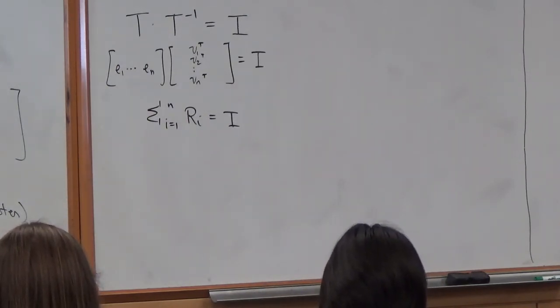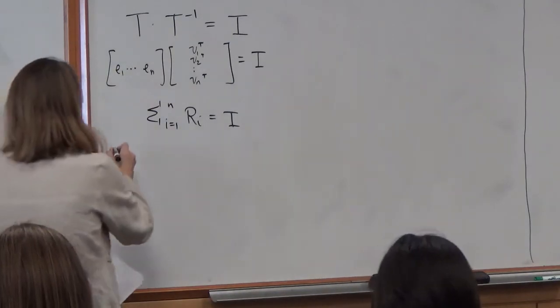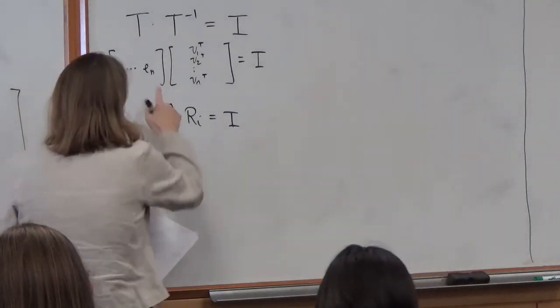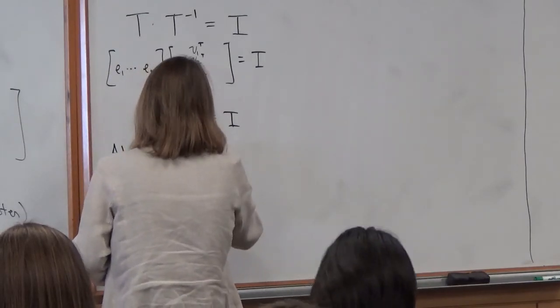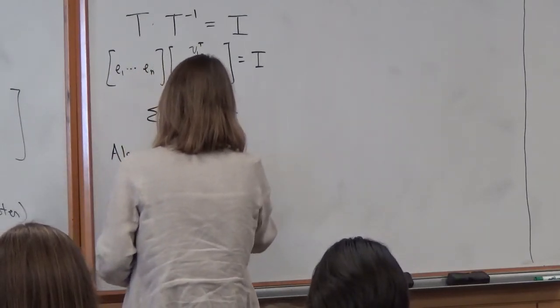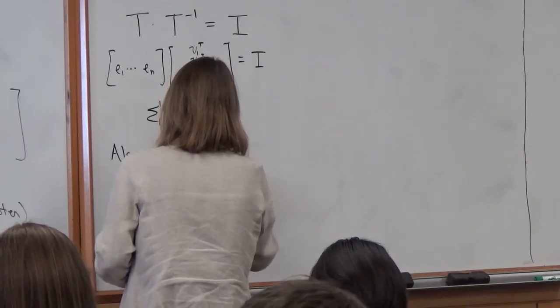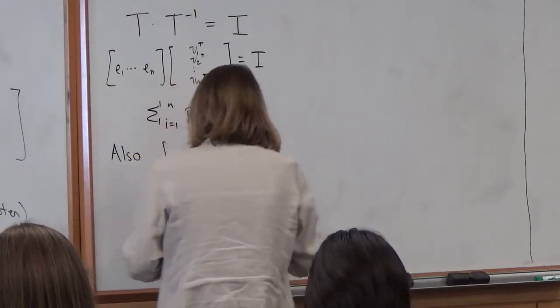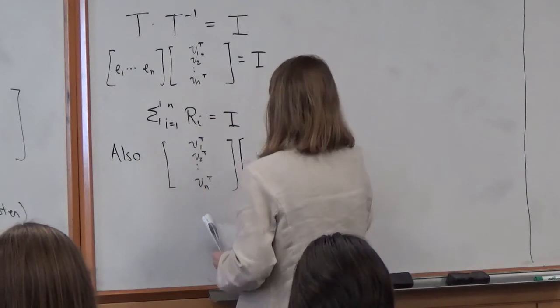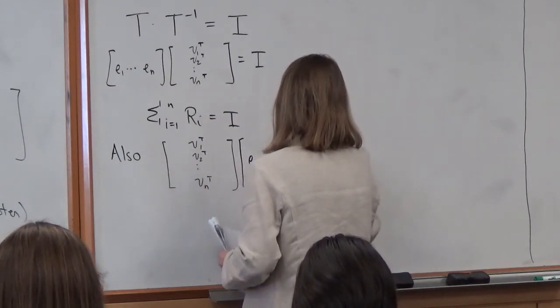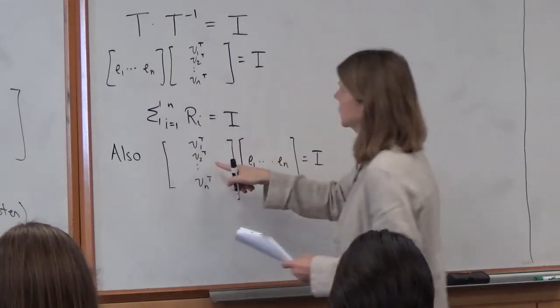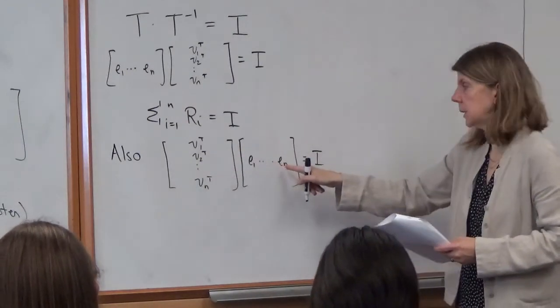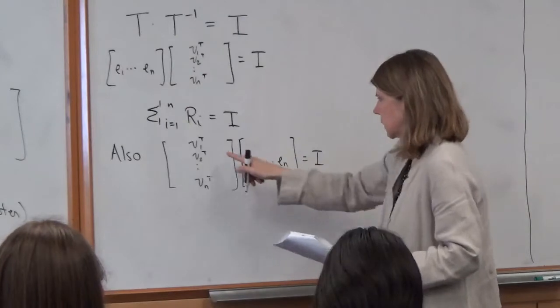Okay, let's look at the other product. So we also know that if we reverse the order here, we'll put T inverse first: mu1 transpose, mu2 transpose, up to mu n transpose in terms of its rows, multiplied by T, E1, E2 up to En. We know that's still equal to the identity because that's just T inverse times T. But now we see something a little more familiar.